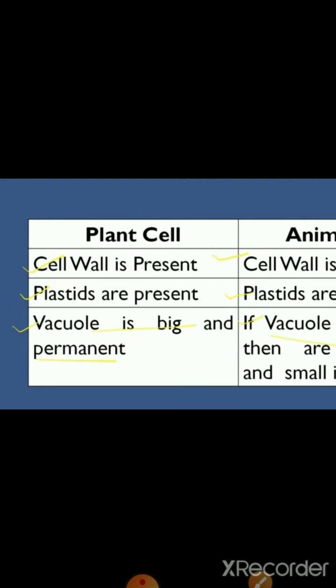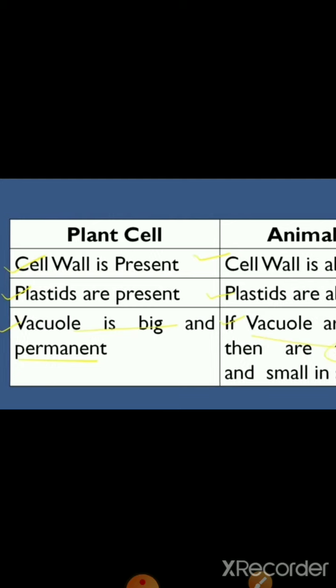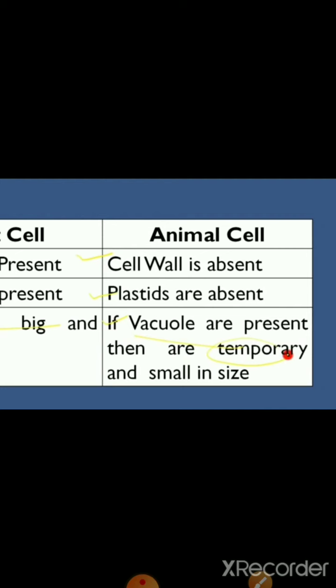And if you talk about vacuole, vacuole is big and permanent, as we just now talked about. Vacuole is present only in plant cell and it is big in size. And if we talk about animal cell, if vacuoles are present, it is by chance, but it is not always present, and we can say it would be temporary and small in size.